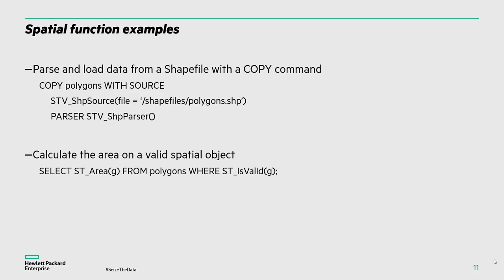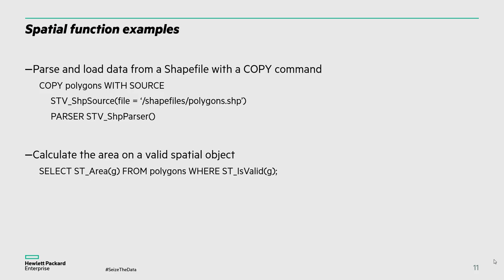Those SQL functions are very easy to use. You can just call them in a select query. And if the function returns a Boolean, then you can also use them in a where clause. Here I show two very simple examples. The first example is parsing and loading data from a shapefile to a Vertica table.